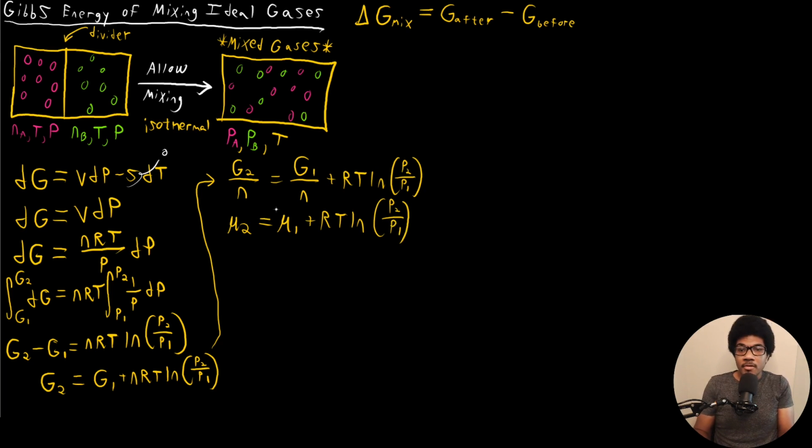All right, so this is just your general expression for being able to solve for the change in the chemical potential for an ideal gas. Now, something that's going to be very useful for us here is that we can use the standard pressure, which is 1 bar, as a reference, right?